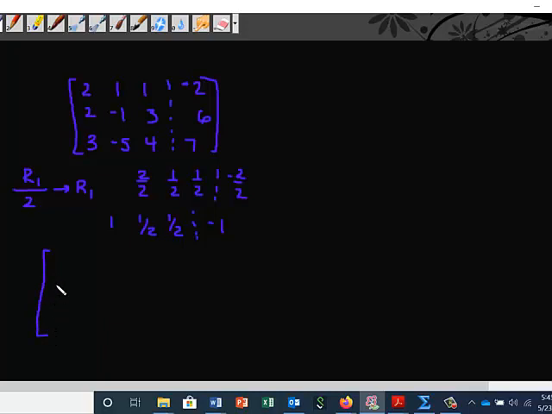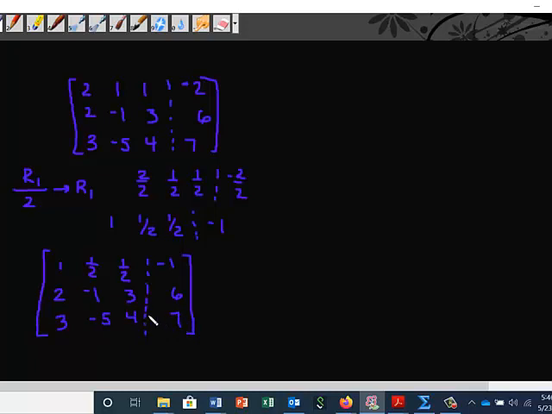So our new row 1 is going to be 1, 1/2, 1/2, -1, and the rest of the rows will stay the same for now. So this is what we have.